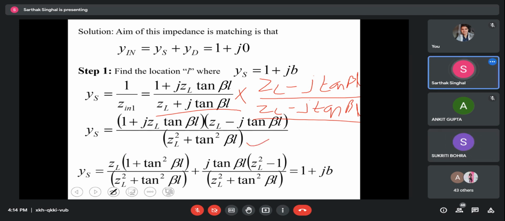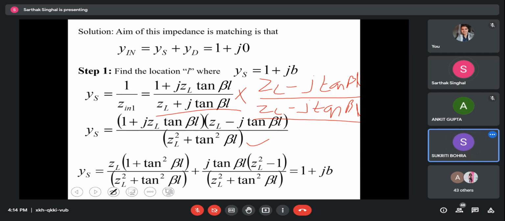ZL square plus tan square beta L, minus j square tan square beta L, right? And minus of j square means plus 1, right? And what about the numerator?